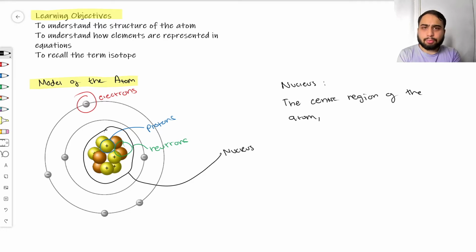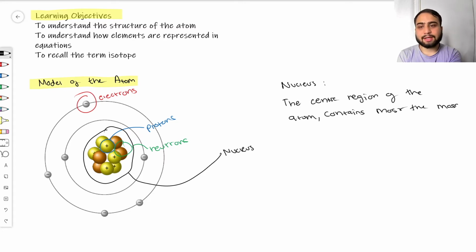It contains most of the mass of the atom here. If you have a look at our picture here, we can see that the largest number of particles are in the center of the atom, right? We can see a few of these scattered around it, but the most are in the middle. So therefore, the nucleus, the center region of the atom, contains most of the mass of the atom.